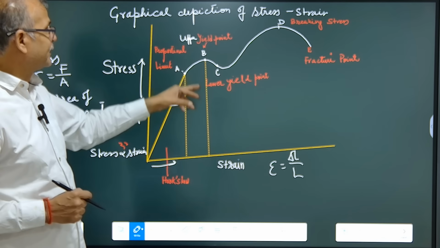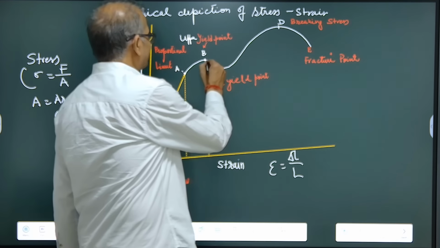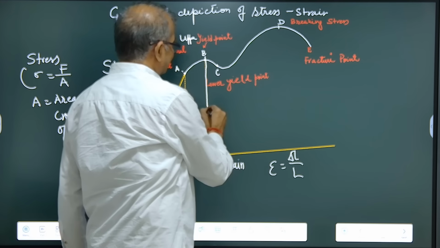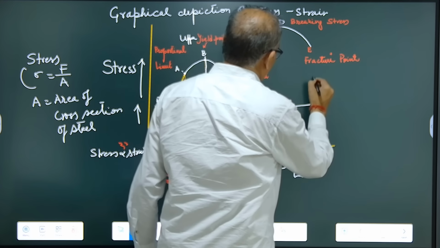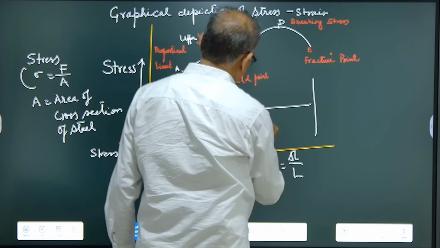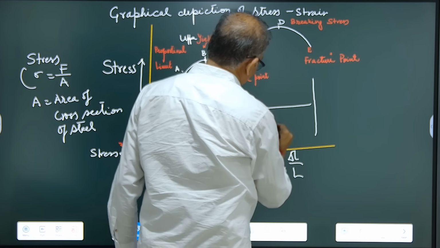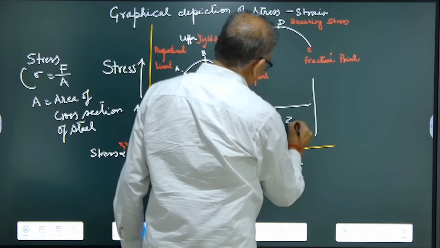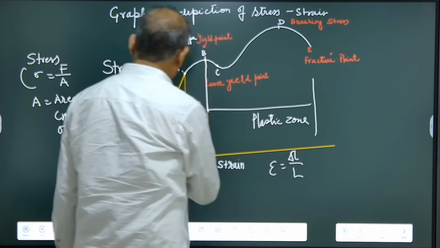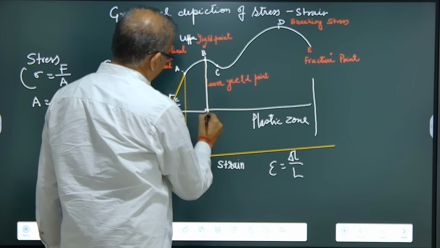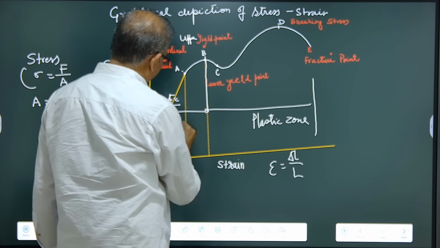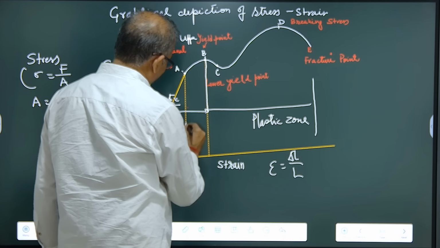So lower yield point, from here, from the upper, there is permanent deformation. So it is the plastic zone, and this is the elastic zone, in which the material regains its shape.